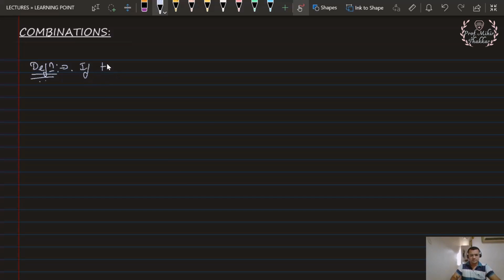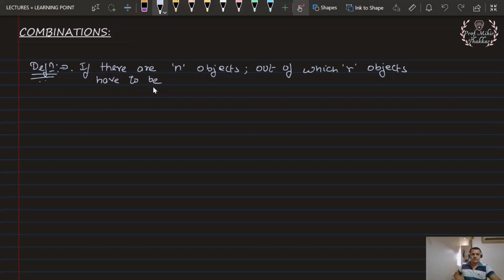If there are n objects out of which r objects have to be selected, then this can be done in nCr ways.